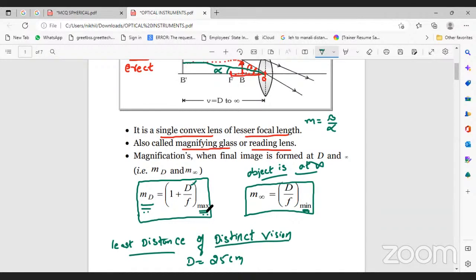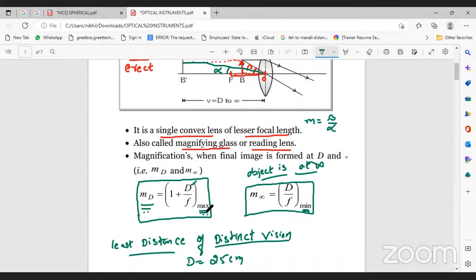When the object is placed at infinity, the magnifying power is equal to d by f. These are the two formulas for the magnifying power of the simple microscope. Got it? Yes, sir.